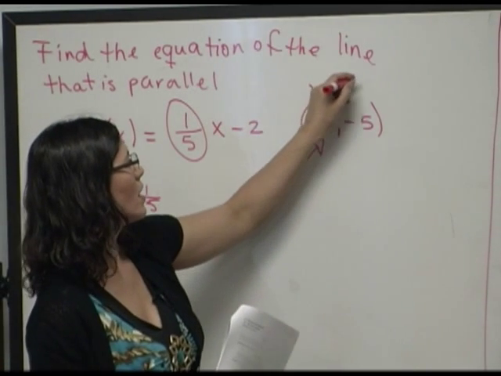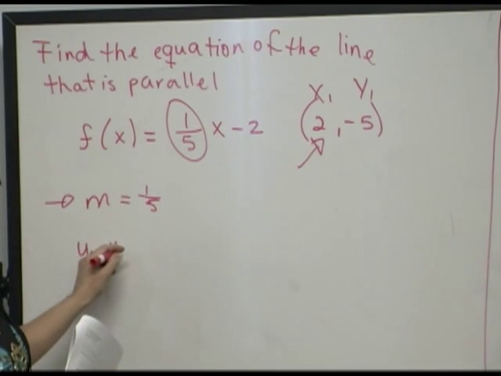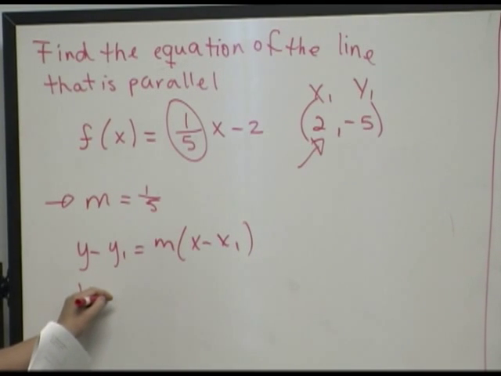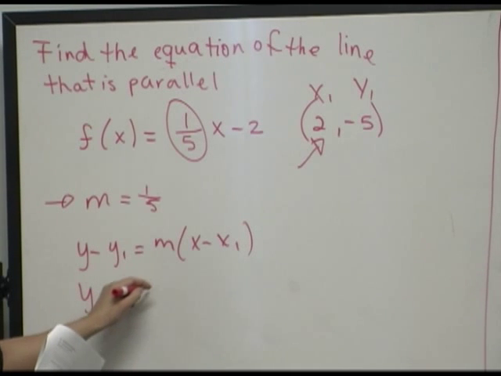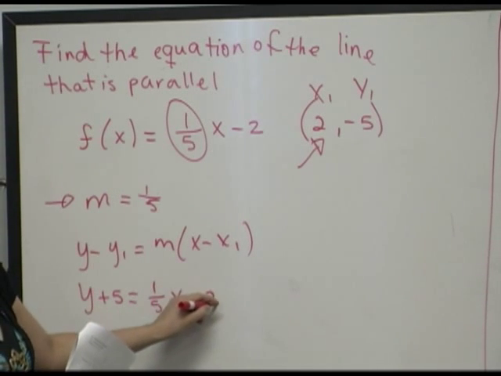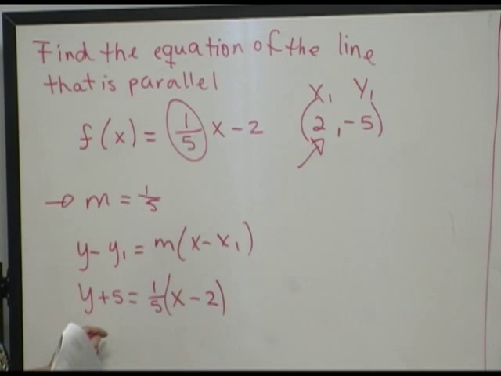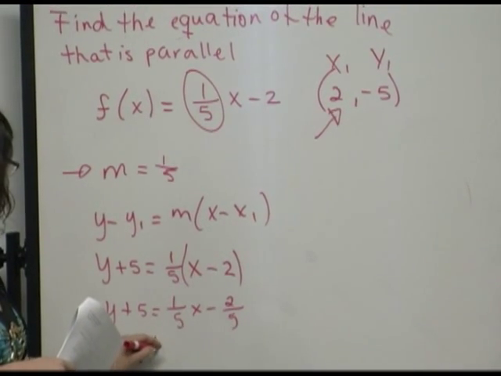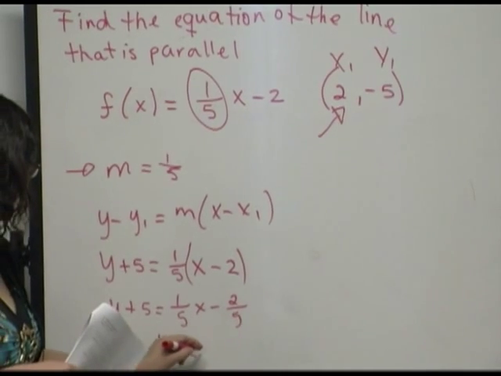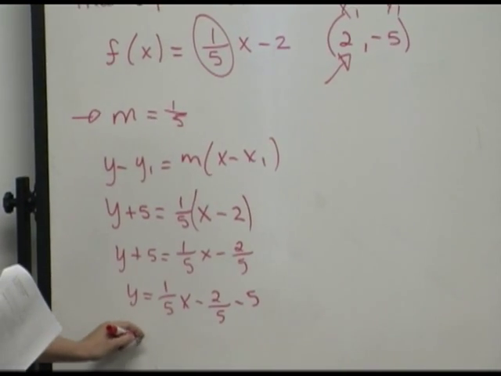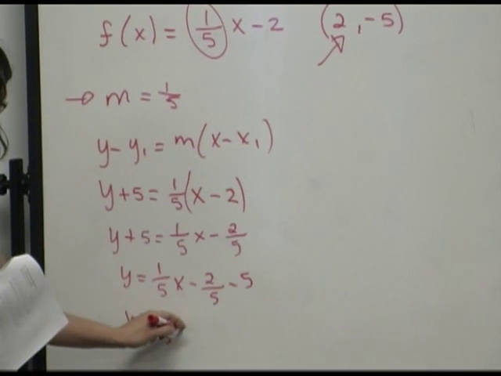And this will be x1, y1, and you have y minus y1 equals m times x minus x1. -2/5 minus 5, and you guys can do that in your calculator.